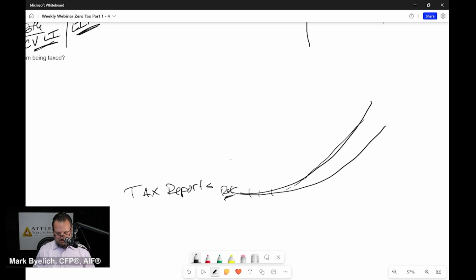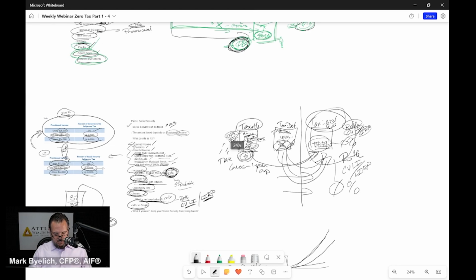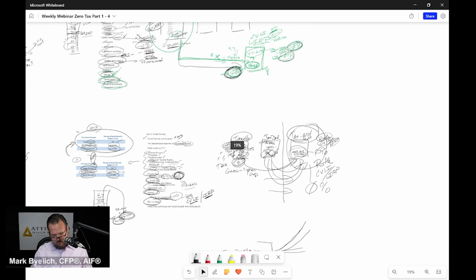We like to do this: fill it up, and then ideally drop it down to zero. We have kind of this cliff. So you want to turn that upside down. Choose the tax rate that you want to pay, what makes sense for you today. Push everything else over to the tax efficient side of the ledger. And that's, folks, how you get to zero tax, or however close you can get for you.